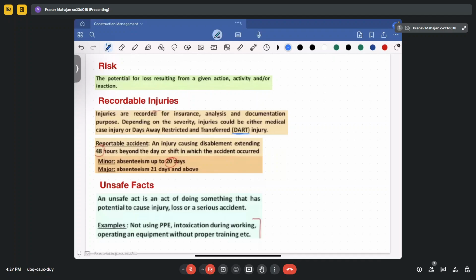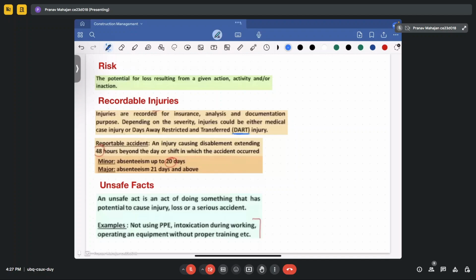Now we have to decide what is major and minor. When he is absent from work up to 20 days, we define it as a minor accident. However, when he exceeds 20 days, that is from 21 days onward for however many days he is recovering, it is considered to be a major accident.